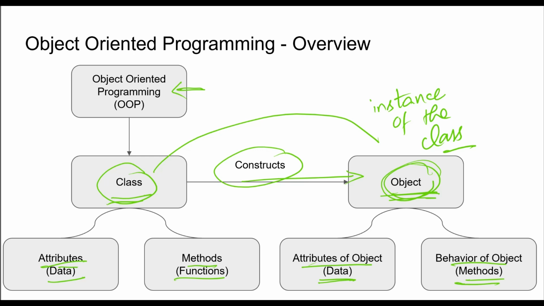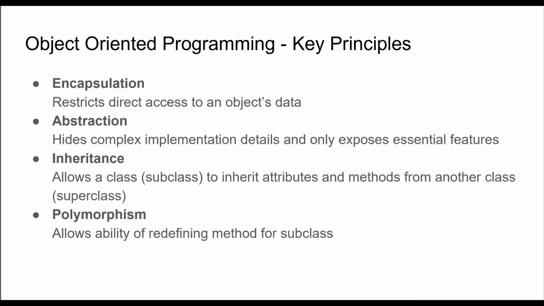So this was a simple example I created just to give you an idea what objects and classes are. A class constructs the objects, and objects hold attributes and methods, which in other words we call behaviors, and they are actually defined by the class. Now there are multiple key principles that are very important for object oriented programming: encapsulation, abstraction, inheritance, and polymorphism.